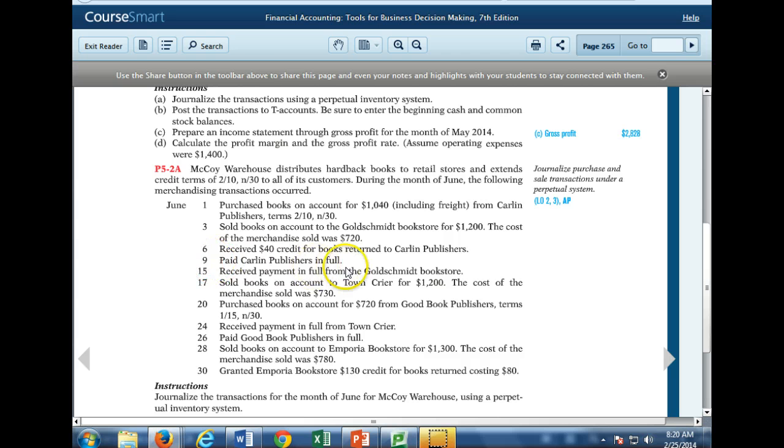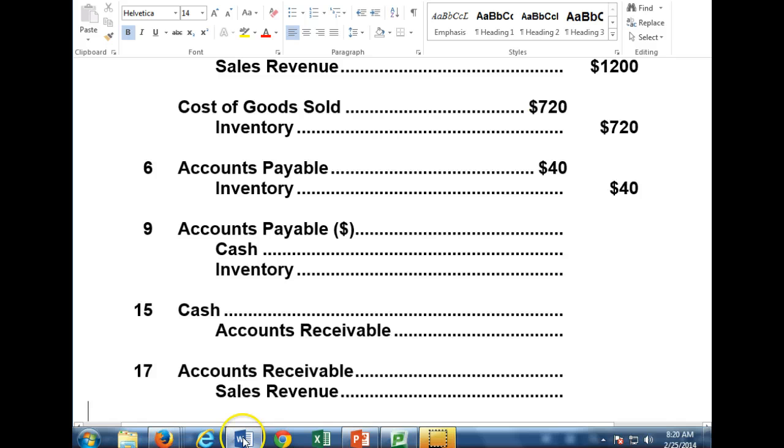Paid Carlin Publishers in full. That's June 9th. So to pay Carlin Publishers in full, what is it we need to do? Did we take advantage of any discount? Yes. So what is our accounts payable? What should we debit there in accounts payable? 1,000?